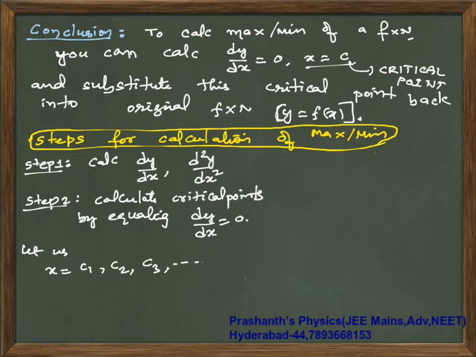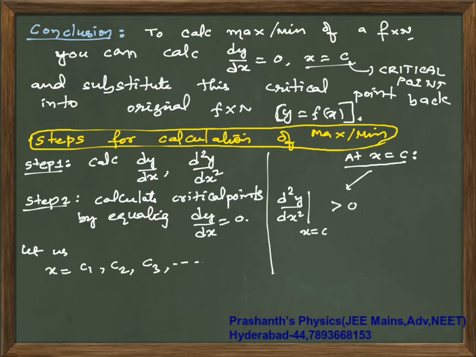Now how do you decide whether a particular critical point is a maximum or minimum? This is the important part. At x equal to c, if d square y by dx square at x equal to c is greater than 0, then you will have a minimum.